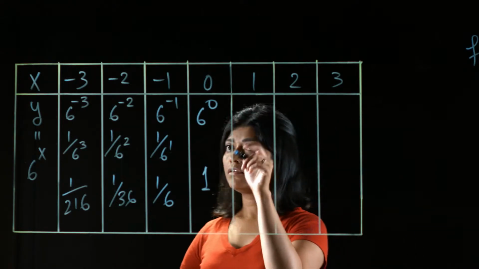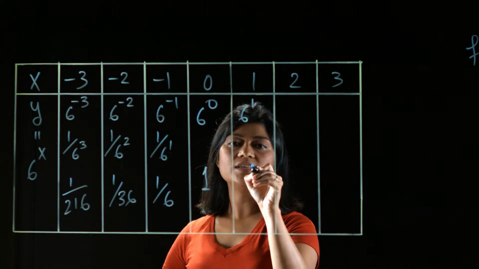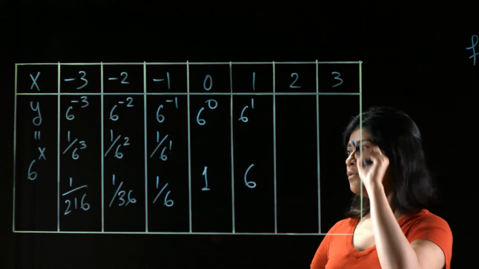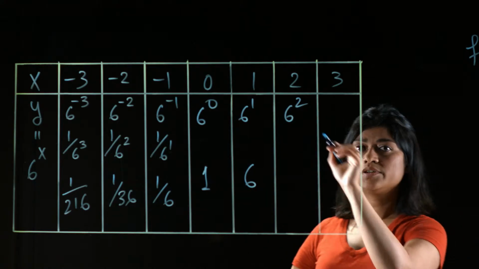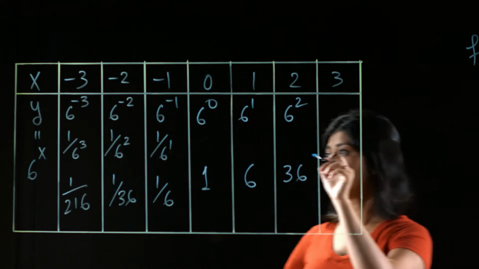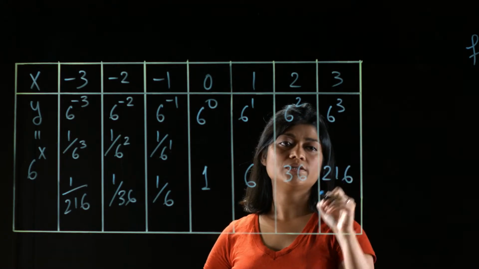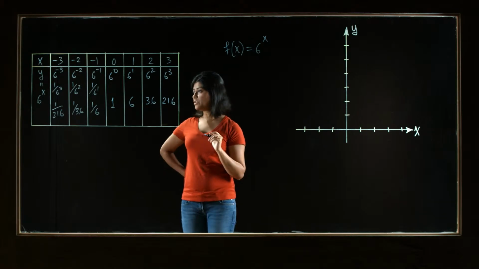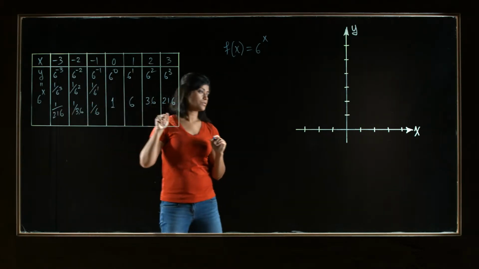For x equals 1, we get 6 to the power 1, which is nothing but 6. When x is 2, we get 6 squared, which is 36. And for 3, we will have 6 cubed, which is 216. So these are our y values for the corresponding x values.